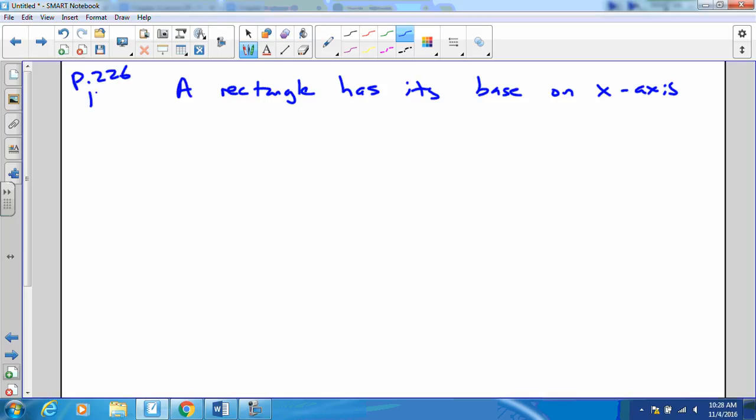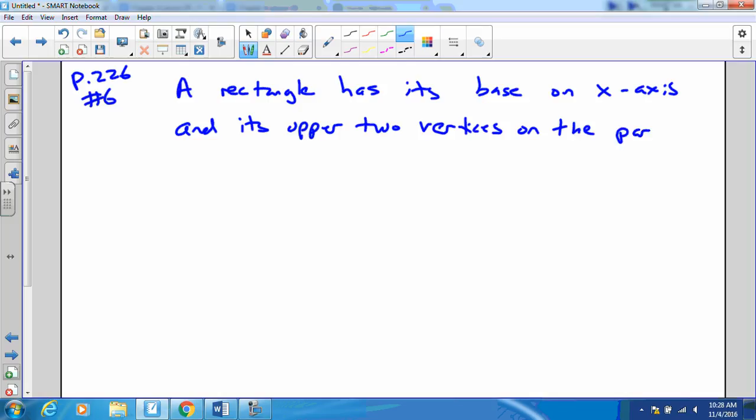This is page 226, number 6. And its upper two vertices on the parabola y equals 12 minus x squared.